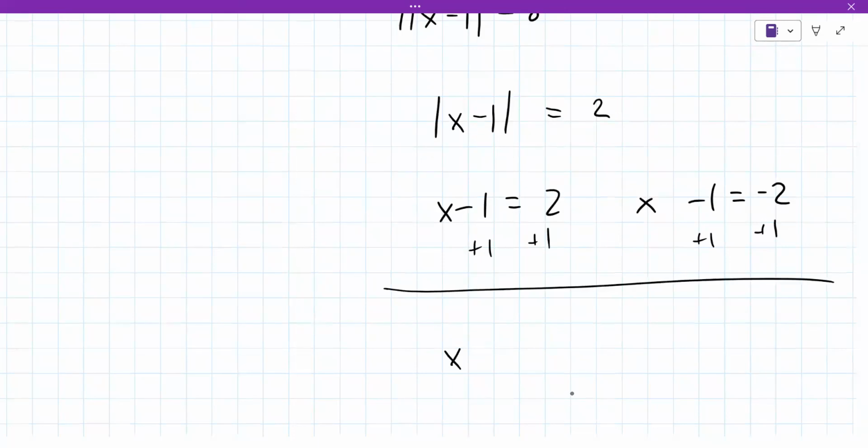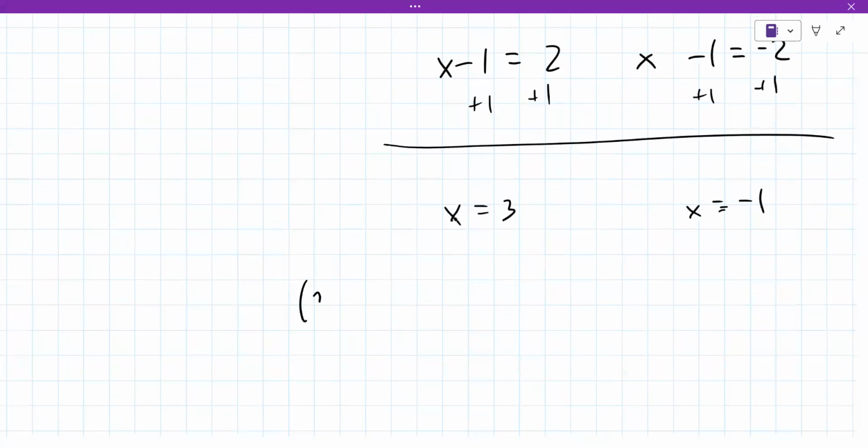That's the one I was expecting, but you also get -1. I heard something different, maybe just my bad hearing here. No, I said -1. Okay, then we got them right. Fantastic. All right, good job. So those are the x-intercepts. The x-intercepts are at (3, 0) and (-1, 0).